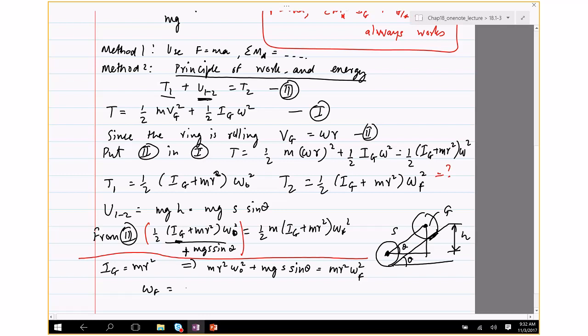So omega f is the square root of omega 0 square plus 2gs sine theta divided by r square.